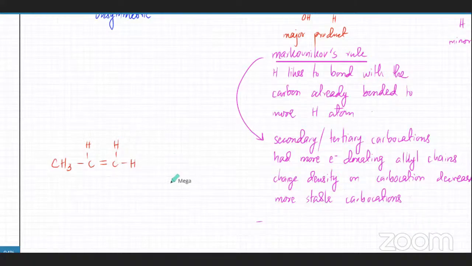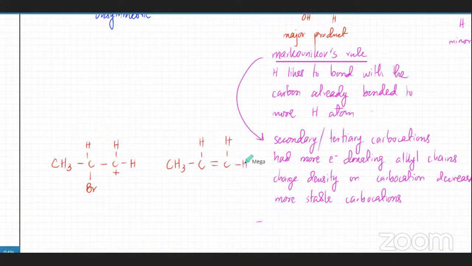It could either steal electrons in the double bond and bond with this carbon atom, and this carbon would become positively charged, or the bromine could steal electrons from the double bond and bond with the other carbon atom. So it could bond with the carbon on the right side, and this carbon would become a carbocation.